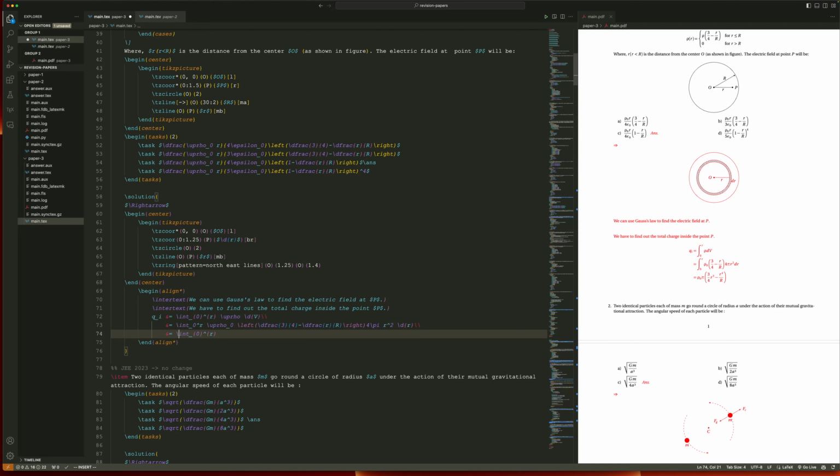From integration we can take out the rho naught as well as the pi.